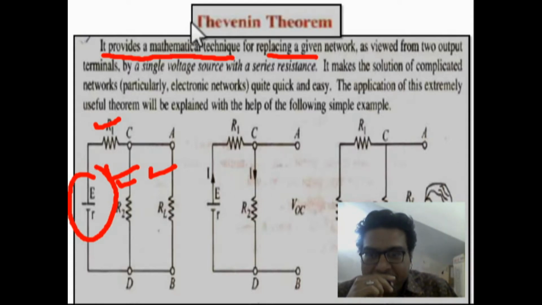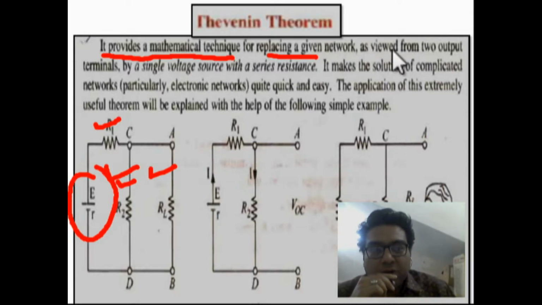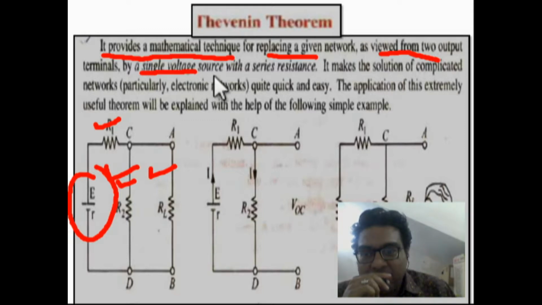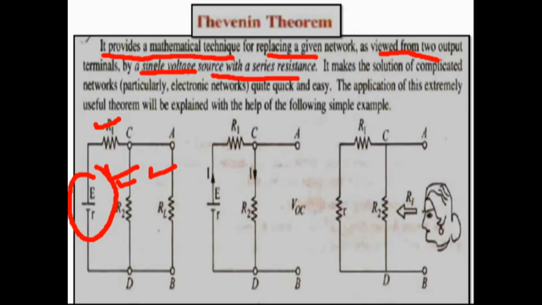It provides a mathematical technique for replacing a given network, as viewed from two output terminals, by a single voltage source with a series resistance. The single voltage source will be VTH and the series resistance will be RTH.